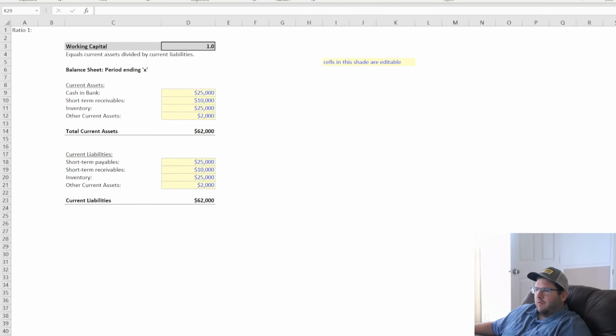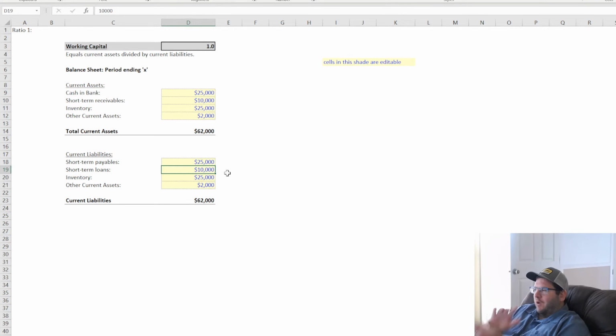What else? Let's think. Short-term loans. Not a mortgage, but a short-term loan. It could be a 3-month construction loan, something like that. And this is the balance. This is not looking at your interest and principal payments. This is looking at the balance of everything.